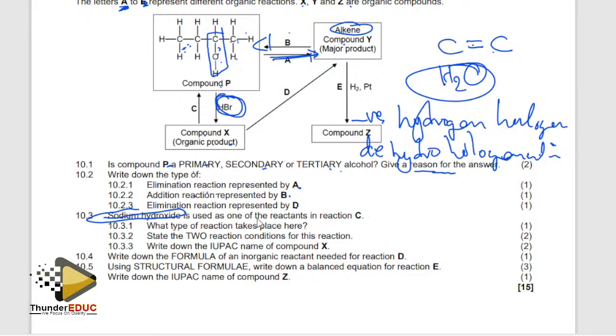Used as a reactant in C. Where is C? Let me first clean this up because it looks ugly. Okay, where is reaction C?